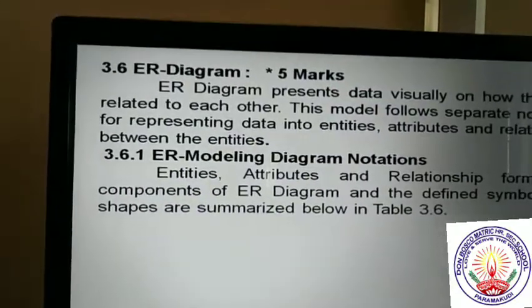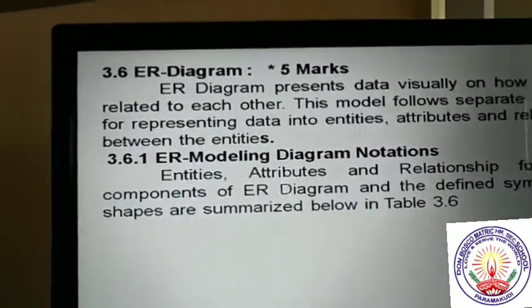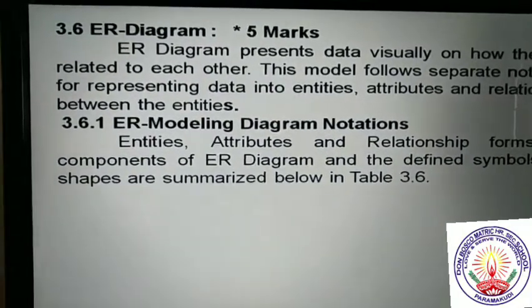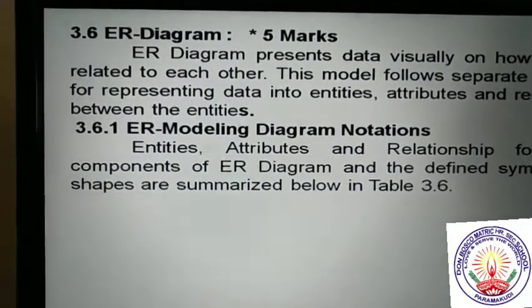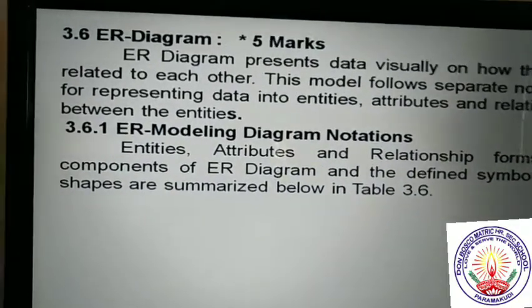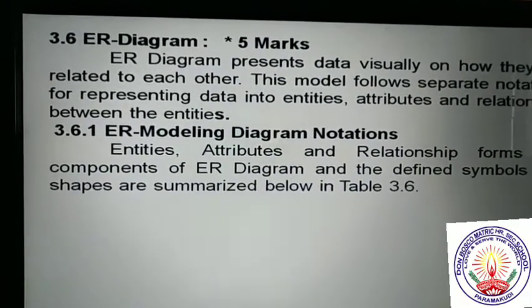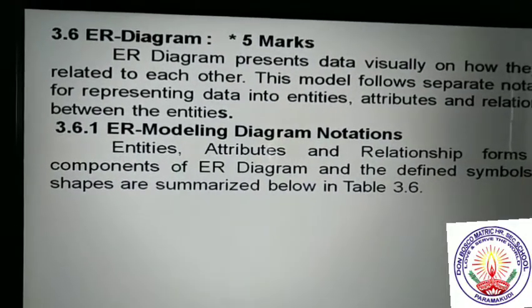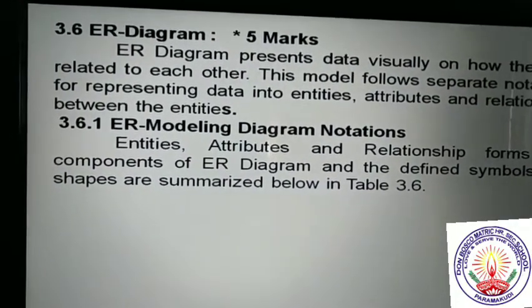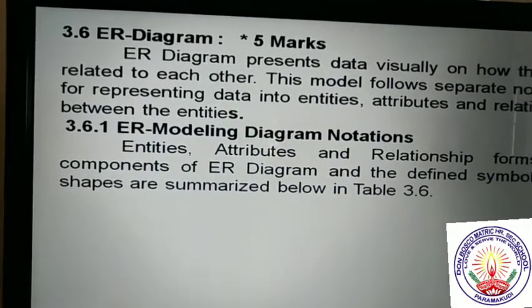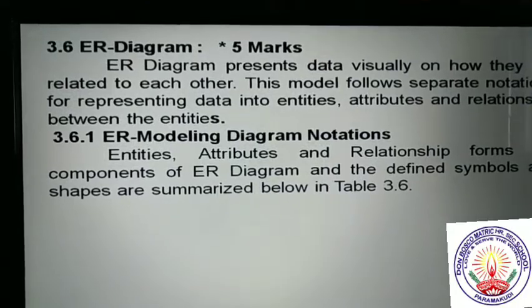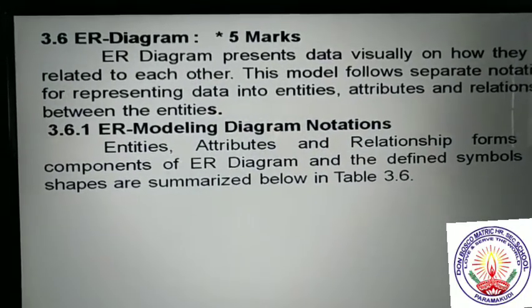And the next one, ER diagram. So ER diagram already you know, if you draw the attributes or entity, we have to represent them in a rectangular box or double rectangular box. So we have to use different symbols in the ER diagram. So just you have to see in your book, table 3.6.